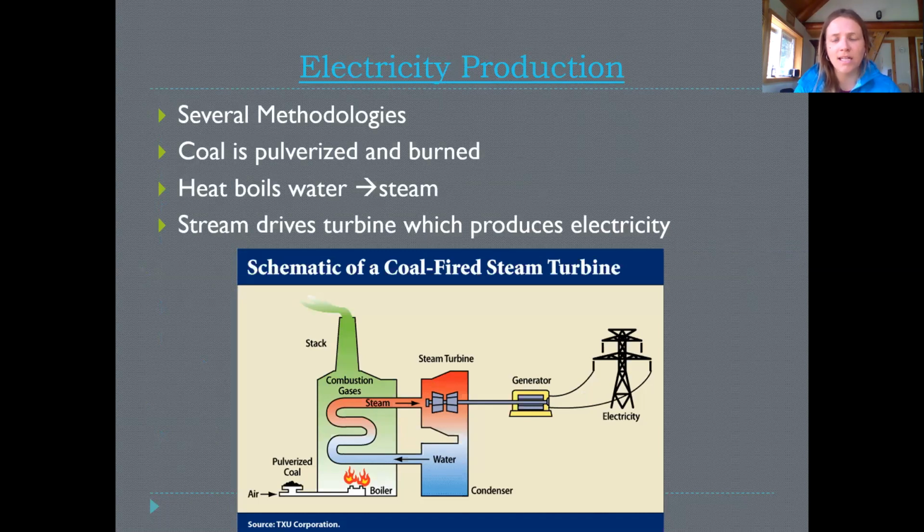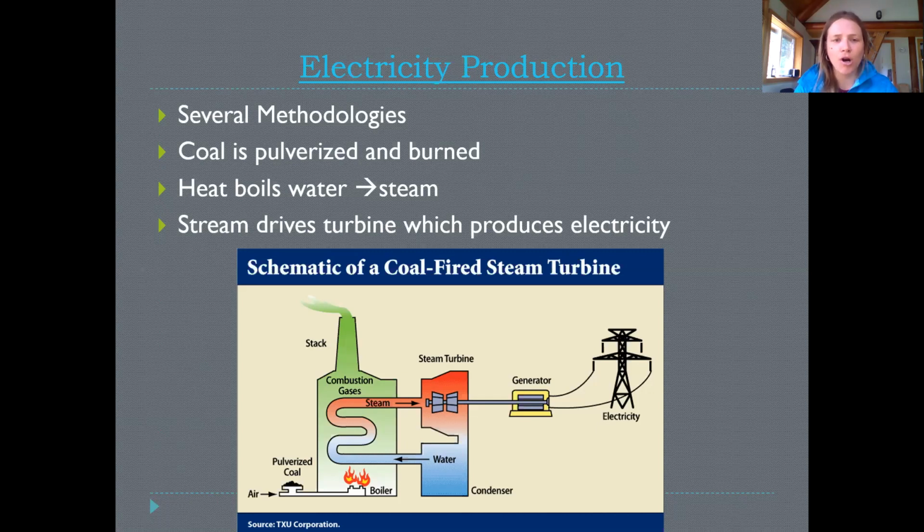But just quickly and basically, there's several different specific details of different methodologies that can be used. But the general plan throughout all of them is that the coal is broken down into small pieces, and then it's burned.